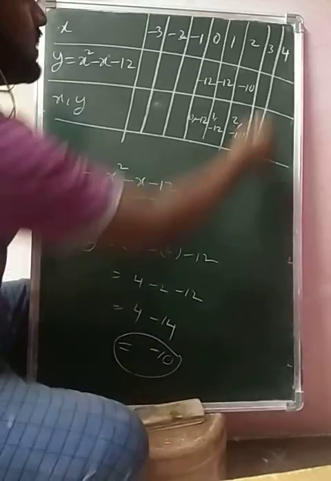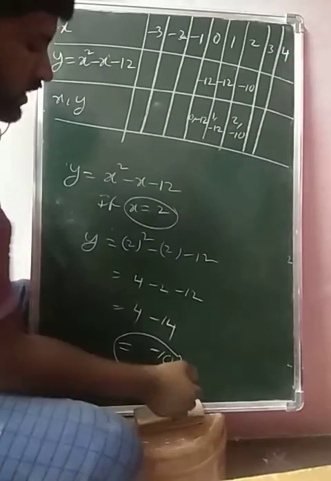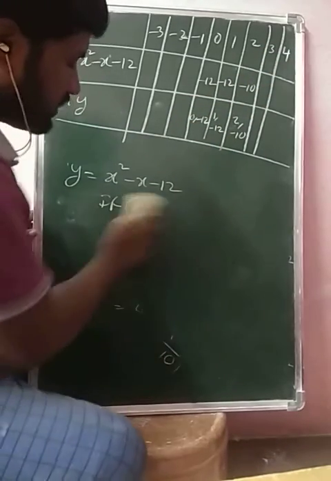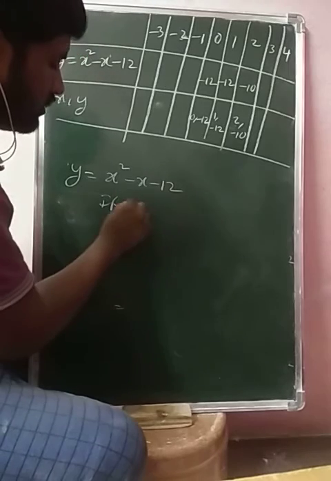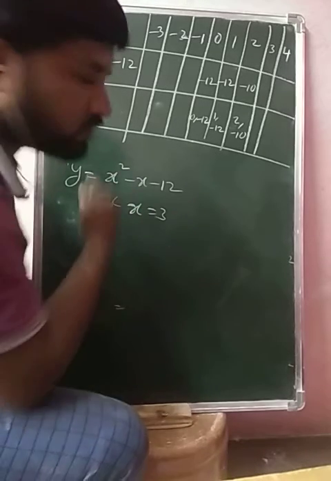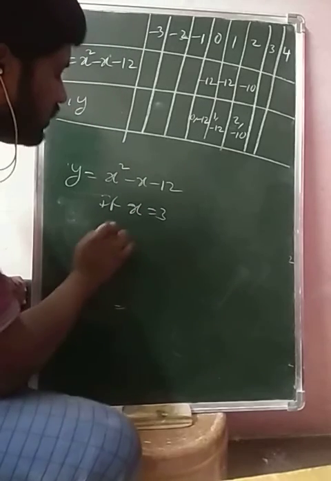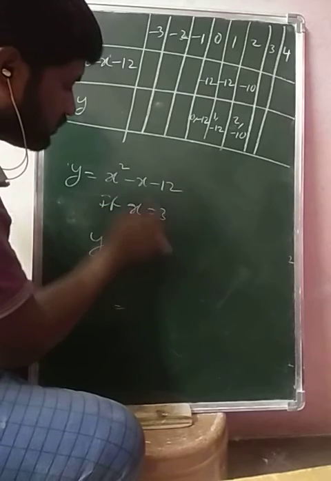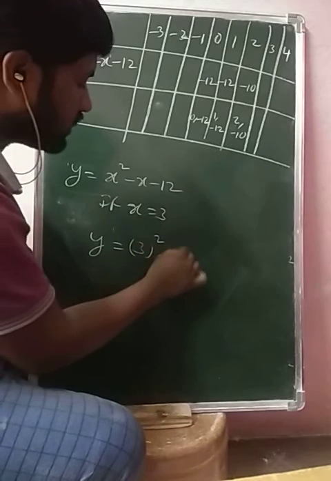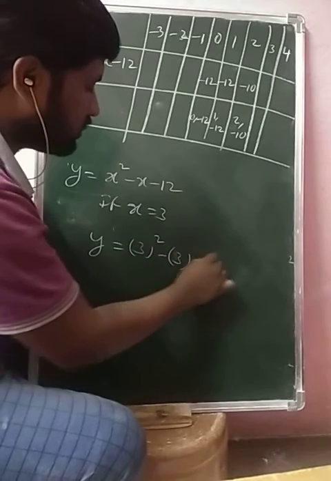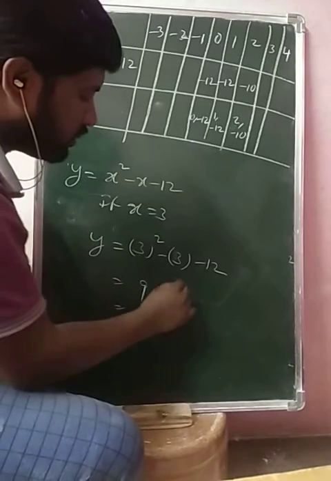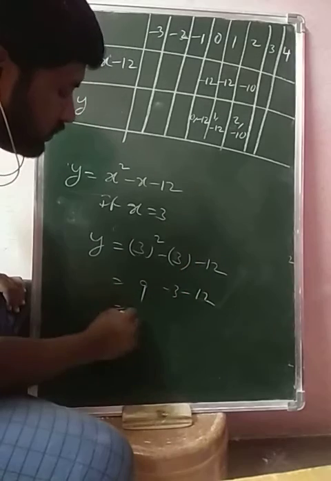And same, if x is equals to 3, then what happened? Then y is equals to, in the place of x you substitute 3, that is 3 square minus 3 minus 12. 3 square means that is 9 minus 3 minus 12.